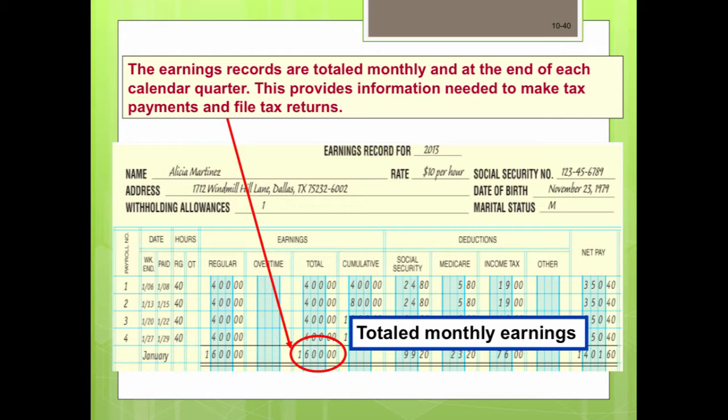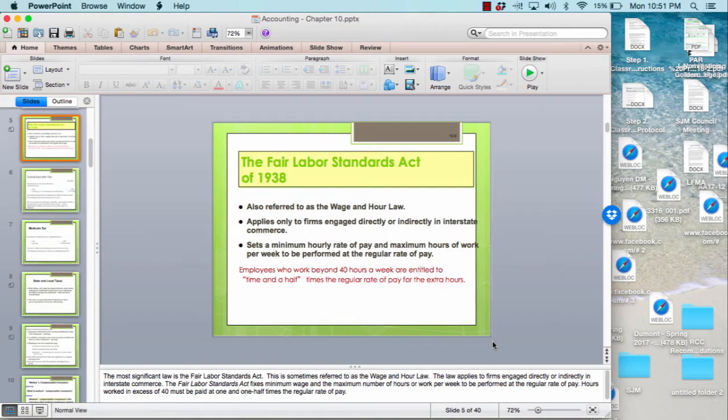By the end of the month, Alicia Martinez has earned gross wages of $1,600, and the earnings records are totaled monthly and at the end of each calendar quarter. What this does is it provides information needed to make tax payments and file tax returns. So does this sound familiar, like your W-2s?